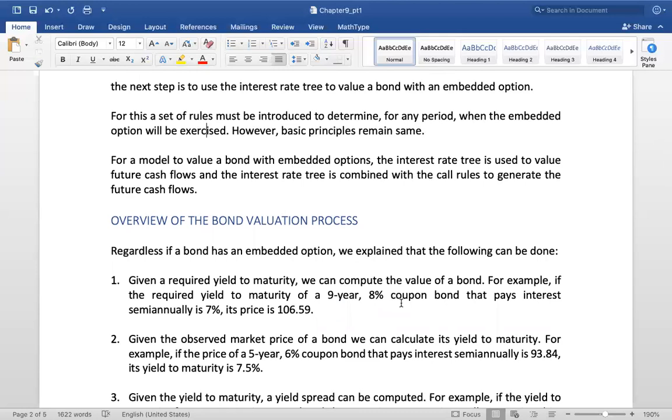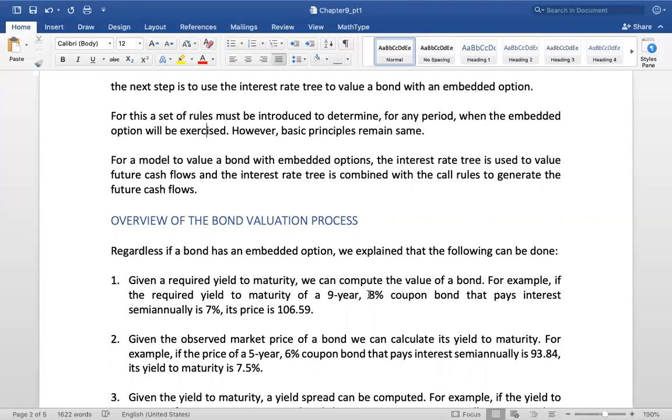Regardless of whether the bond has an embedded option or not, the bond is valued in the same way as we discussed in chapter number 5. So, given a required yield to maturity, we can compute the value of the bond. For example, if the required yield to maturity for a 9-year 8% coupon bond is 7%, its price is 106.59. We can easily confirm this.